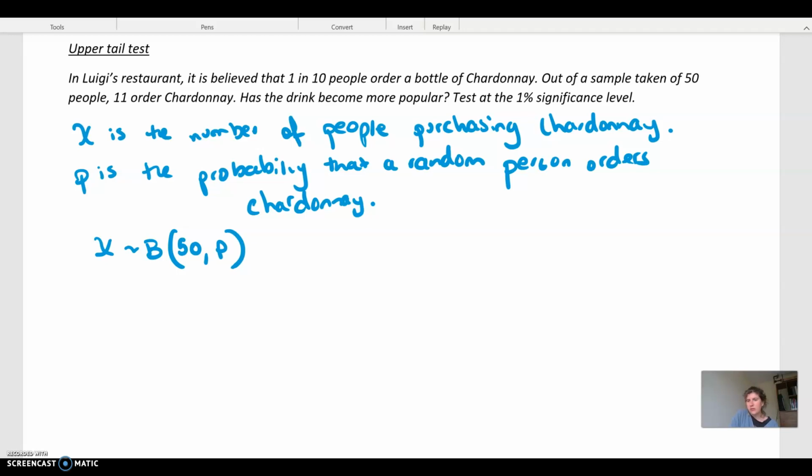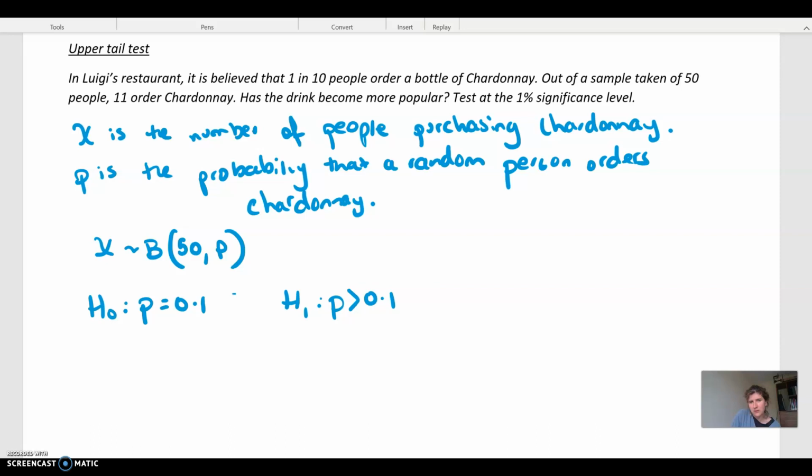And then we need to define our null hypothesis and our alternative hypothesis. Our null hypothesis, in this case, is that 1 in 10 people order a bottle of Chardonnay, so we would assume that our probability is 0.1. We're looking to see whether the drink has become more popular, so our alternative hypothesis is that the probability is actually greater than 0.1.